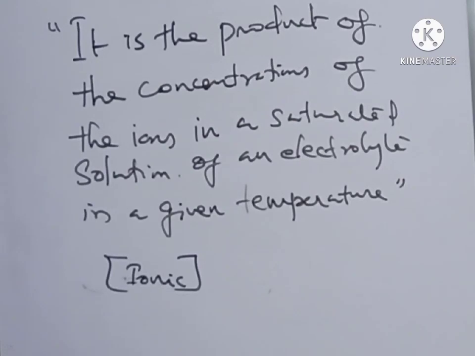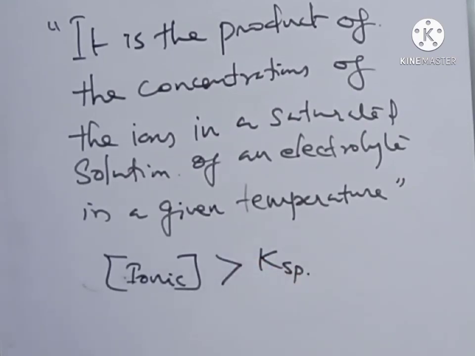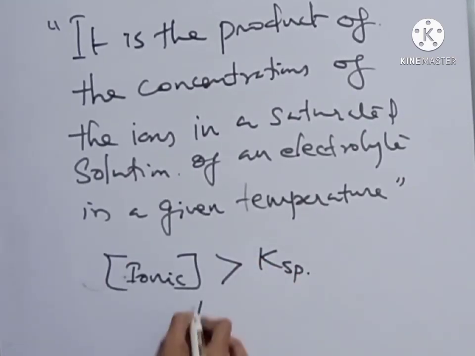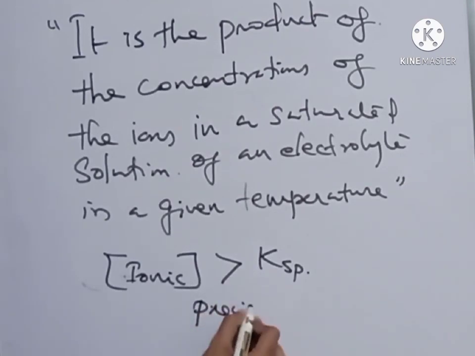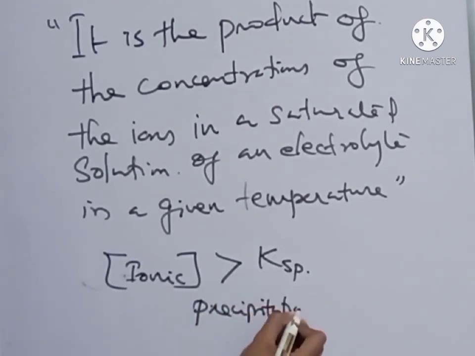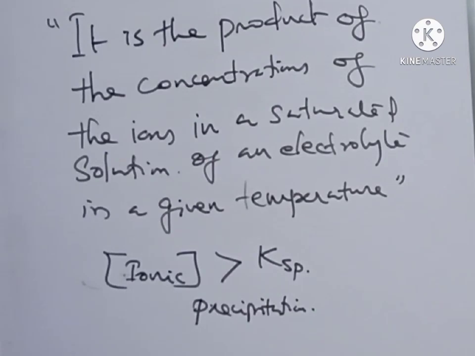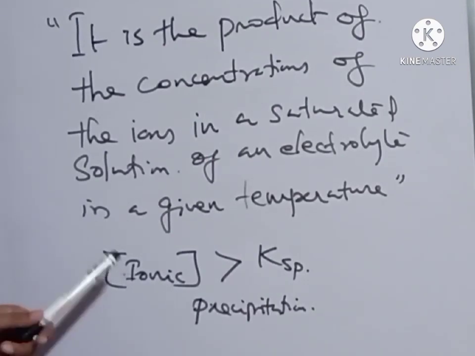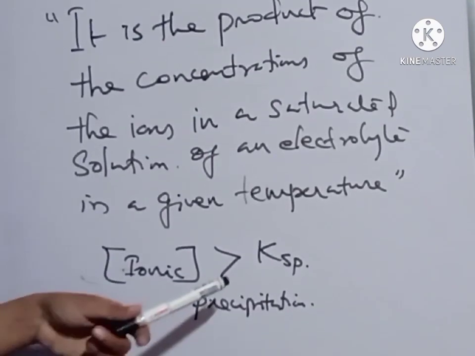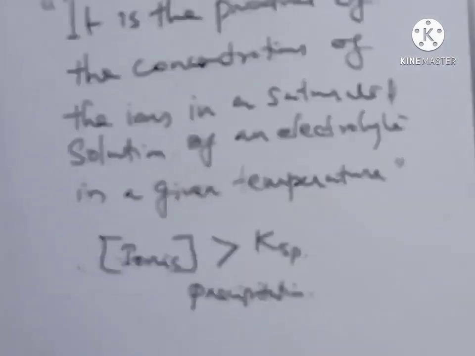If the ionic product exceeds the solubility product Ksp, then precipitation will occur. So precipitation occurs when the solubility product is lesser than the ionic product.